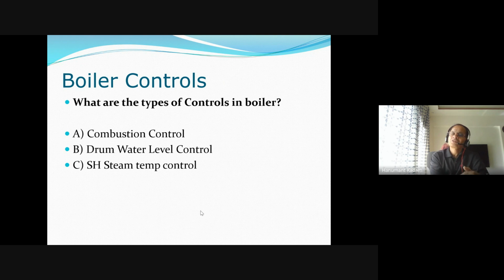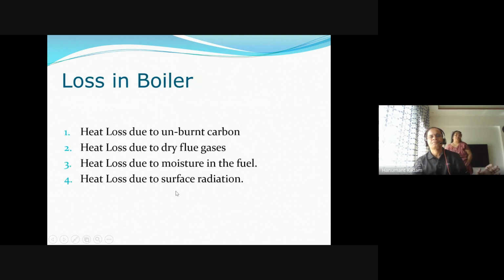In the boiler, we have combustion control, drum level control, and superheat steam temperature control.